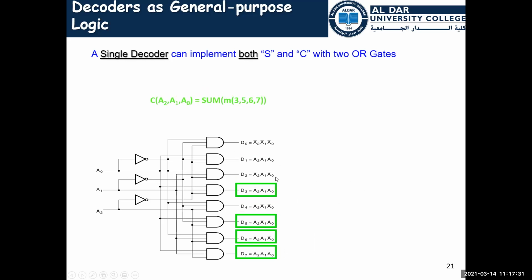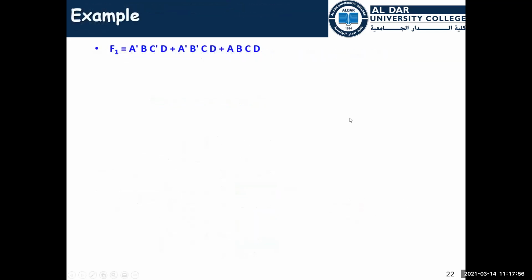So accordingly, we will take an OR gate and have a carry. So now we have implemented an adder using a decoder. If a question happens in the exam asking you to implement a logic function using the decoder, you have to understand how to implement it.